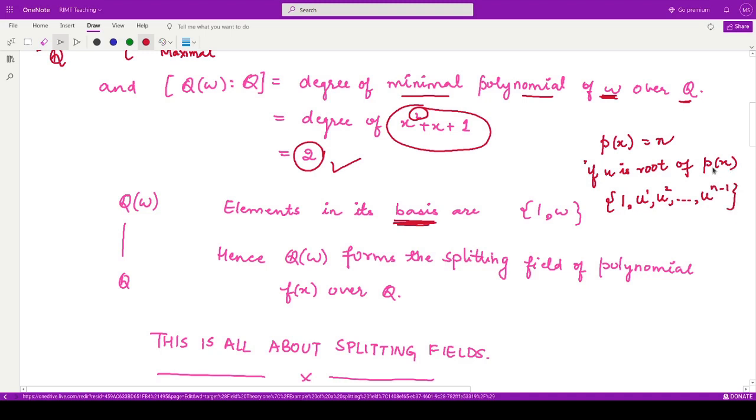Here n in our case is 2, so we will go up to 2 minus 1, that means up to power 1. So we would have 1, and what is u? U here is omega, right? So we would have 1 comma omega as the elements present in the basis.